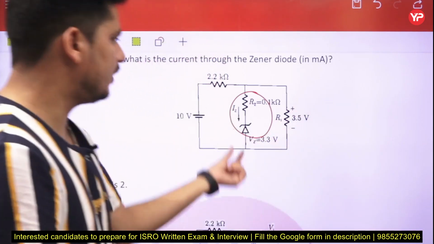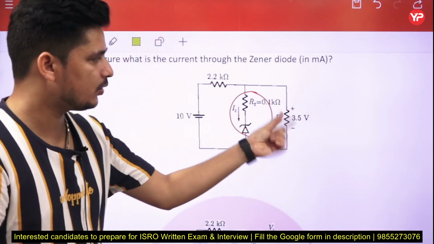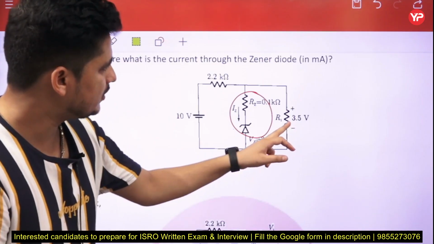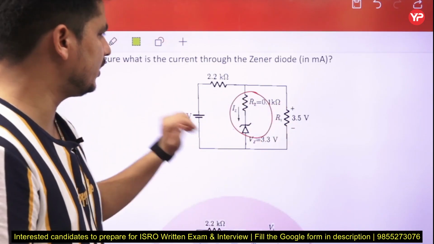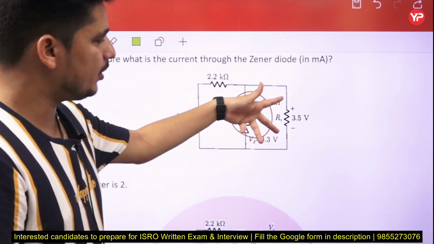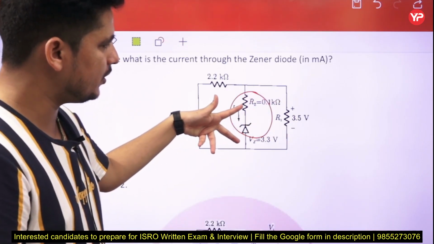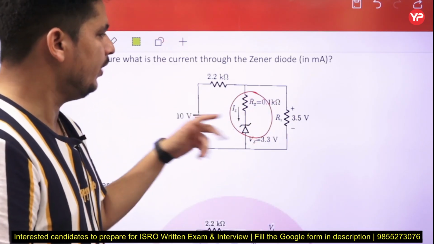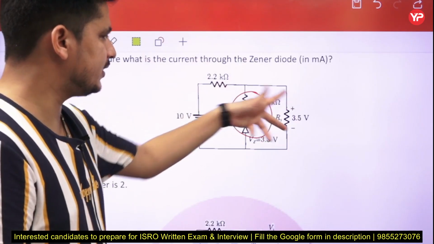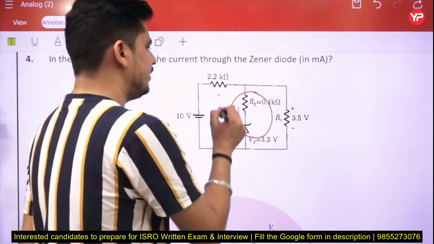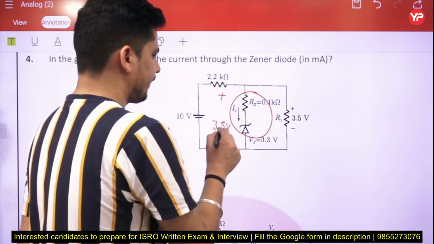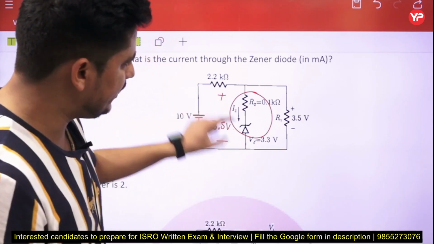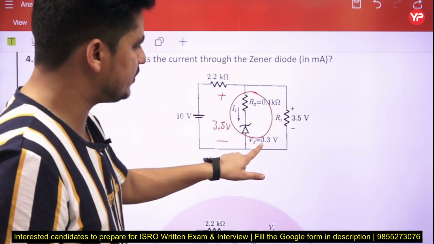So first we can calculate the voltage across this resistance. That will be how much? It is given to you as 3.5 volt, right? It means if it is 3.5 volt, that is greater than 3.3 volt. It means this diode is on. If 3.5 volt is here, the same voltage will be applied here, 3.5 volt, right? 3.3 volt is going across this diode.